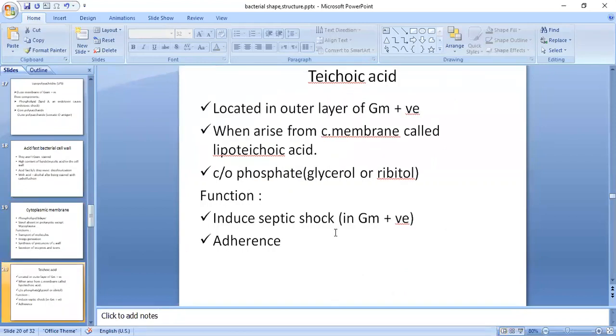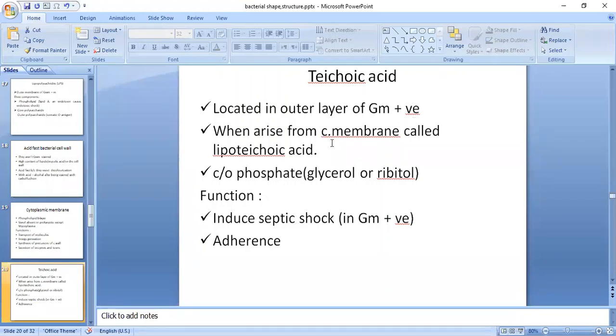The teichoic acid. These are the fibers which are only present in the gram-positive bacteria. The thing to remember is that the teichoic acid fibers are present only in the gram-positive bacteria.